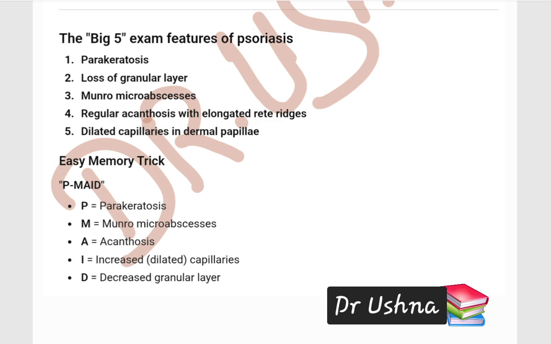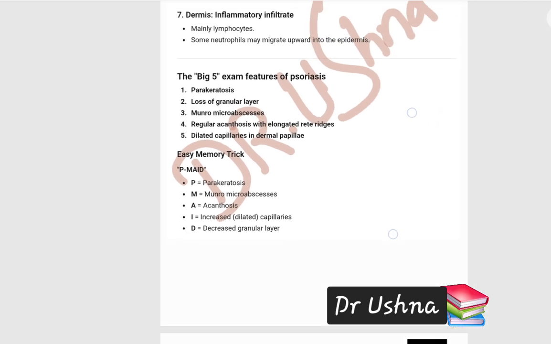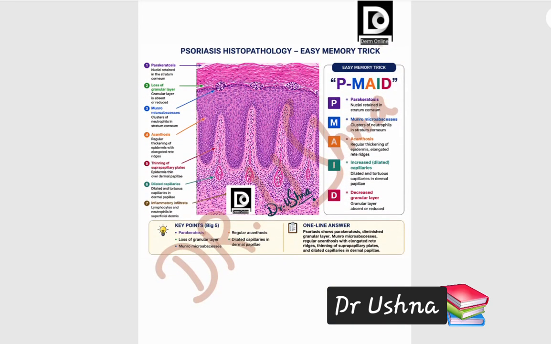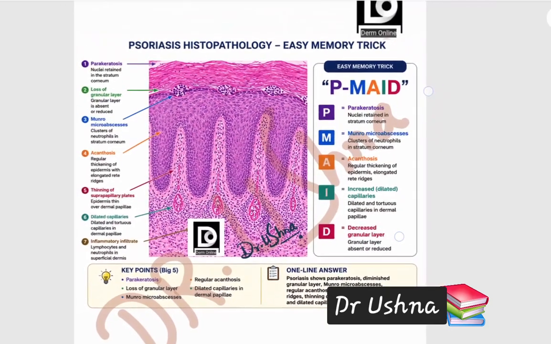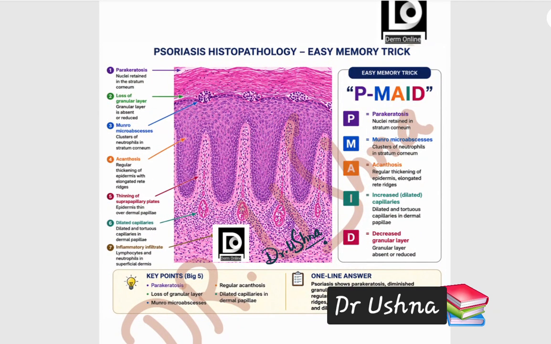Even still, if you are not able to remember all these features, have a visual mnemonic, okay? Because mnemonics help you to retain information so clearly that you just remember P-MAID. So stepwise approach, you are having parakeratosis, you are having Munro microabscesses, acanthosis, which is regular one, increased dilated capillaries, and decreased granular layer. This is all the P-MAID finding.